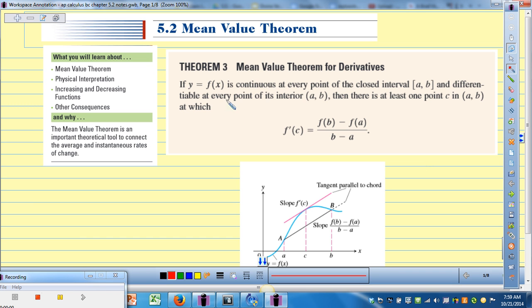And the notation underneath, where you have written average rate of change, what I want you to write is this: f of b minus f of a over b minus a. That's just a slope calculation on an interval from A to B. So this is what you put in under average rate of change.